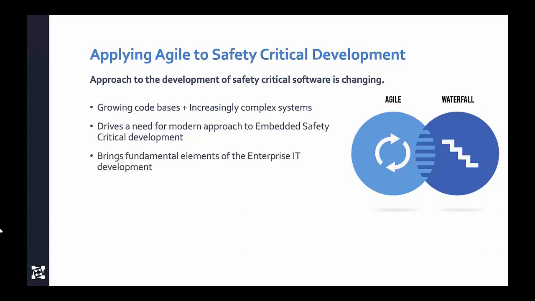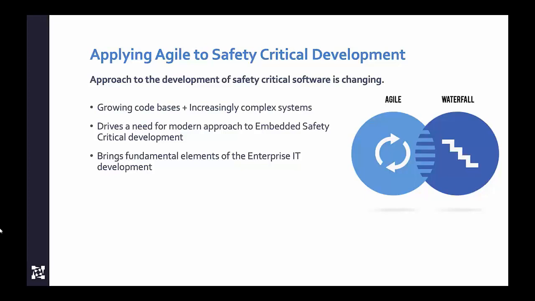And what we are seeing is many of our clients in this space leveraging practices from the enterprise IT world. This is done predominantly for two reasons. First of all, enterprise IT has been applying Agile for well over a decade now, so there are some best practices that can be learned from our cousins over there. But also, we're seeing increasingly organizations, especially in automotive, striving to innovate and provide even more software in the vehicle.